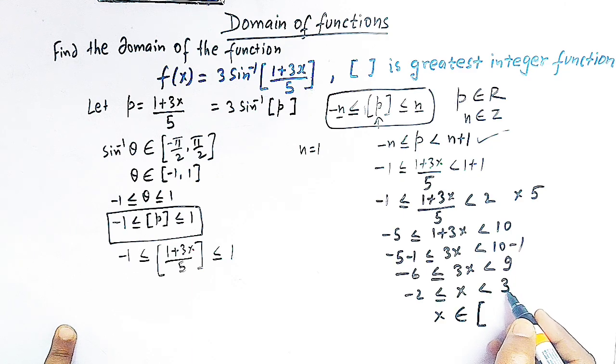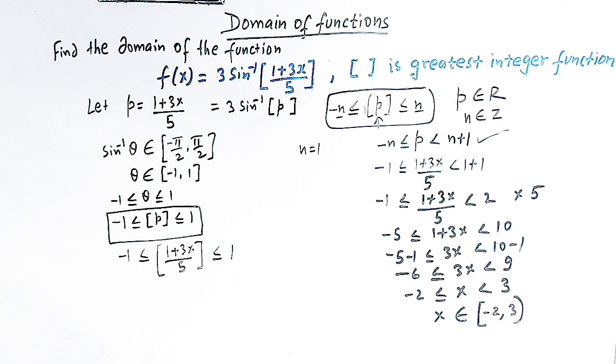So here 3 is not included, right? So we have minus 2, and here we have 3. So the domain of this function is given by this interval, that is from minus 2 to 3, where minus 2 is included and 3 is excluded.